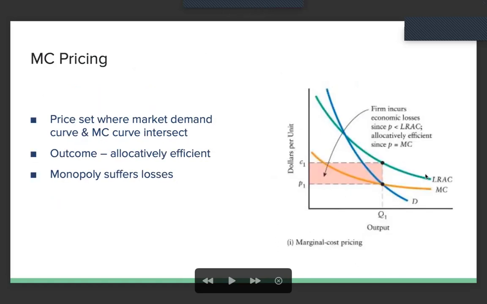We look at the long run because we want it to be efficient from a long run perspective. If we go for marginal cost pricing, the outcome is allocatively efficient because you are functioning at price equals MC. So that's allocatively efficient, but the monopoly suffers losses.